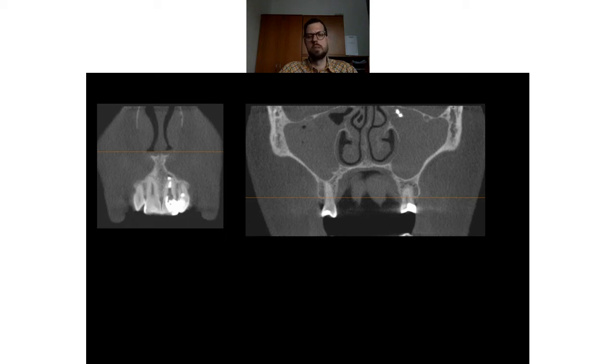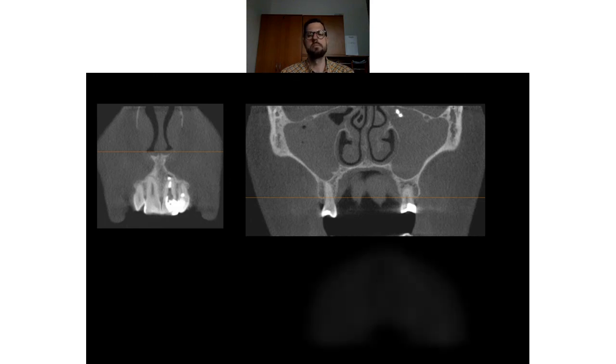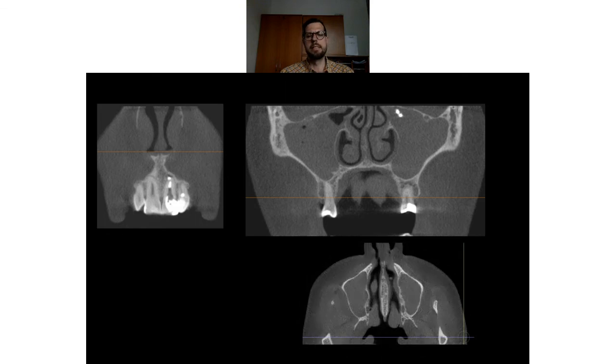The problem is that the sinuses are totally inflamed, totally full, so no air is coming inside. And as you see, there's some sealer inside the sinus, so the sealer was pushed there in the past, and this is the axial view.